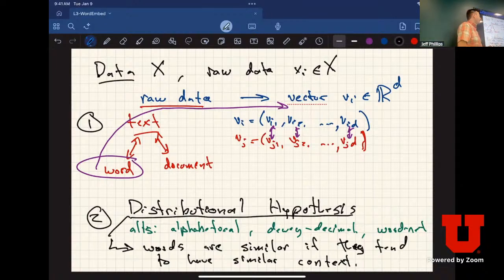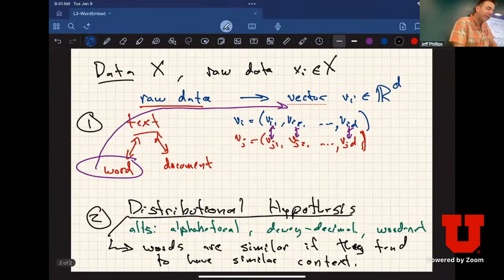If two financial transactions can be seen in similar contexts, that also gives an indication that those might be similar in what they represent. So this idea is that if they can be seen in similar contexts, they probably have similar meanings, and we can use this to train models as these vector representations. Okay.